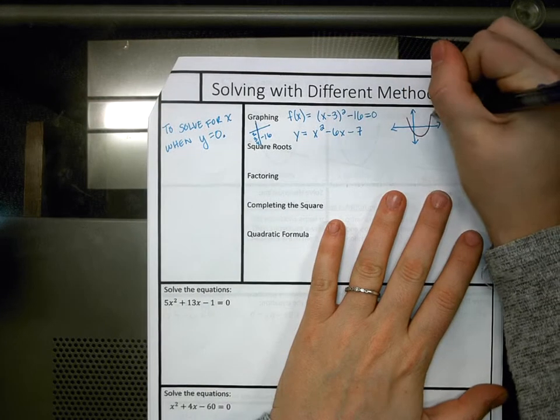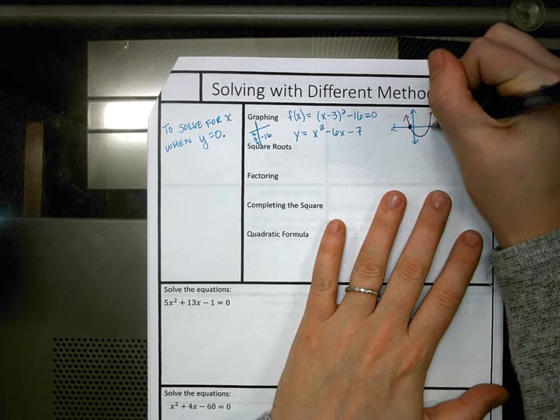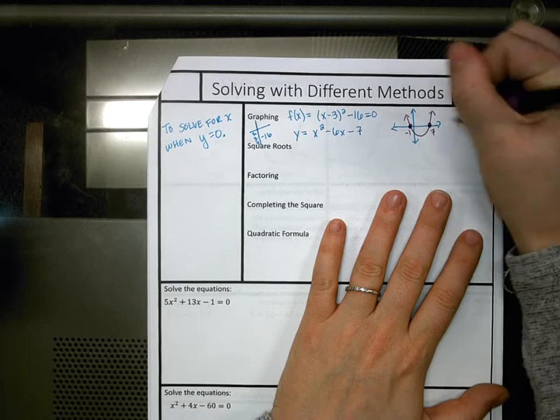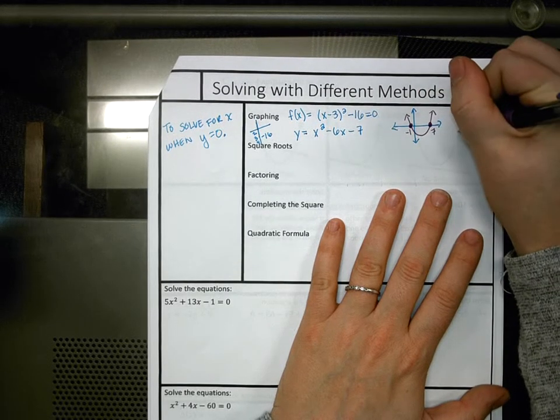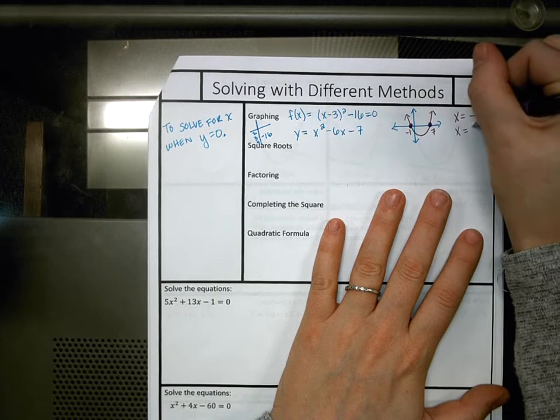So when that function crosses the x-axis, we'll be given 2 points, and whatever those 2 points are, they are solutions to the function. So in this case, it would be x equals negative 1 and x equals positive 7.